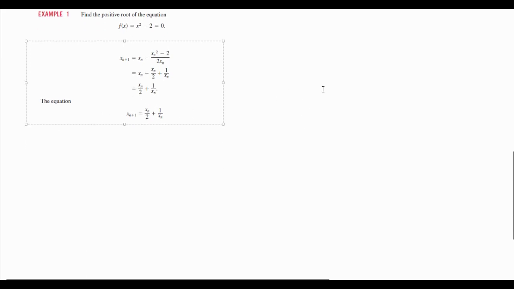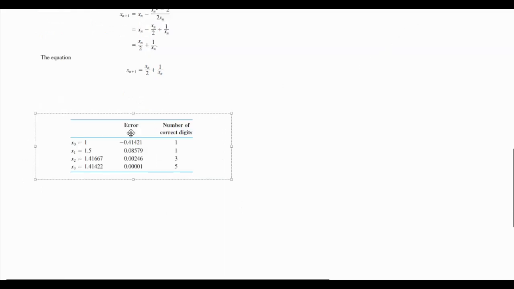Now let's have some values. For x0 equal to 1, we will have 3 by 2, that is 1.5, and 1.5 has an error of 0.41421. That is, it has just one correct digit, that is 1 in 1.414.